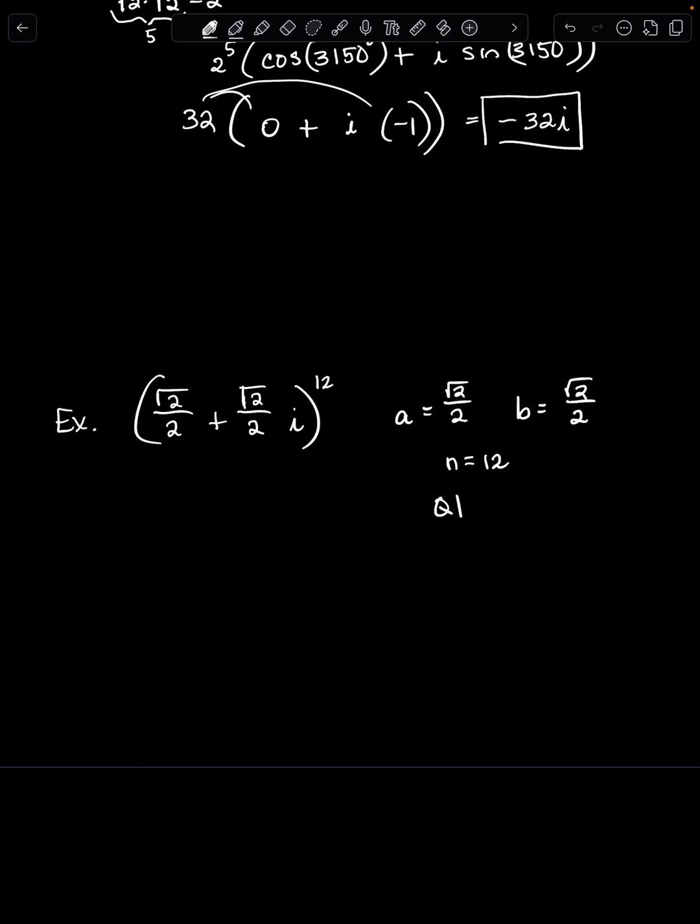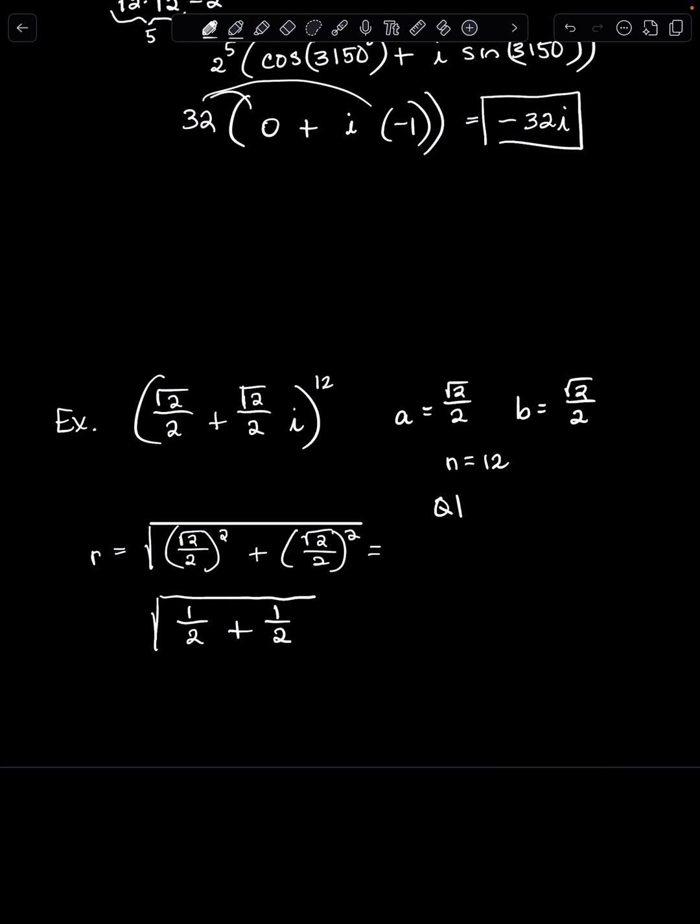All right, so I'm going to find R. R is the square root of a squared plus b squared. Right, and that's going to be 1/2 plus 1/2, which is 1, so the square root of 1 is 1, so my R value is 1.